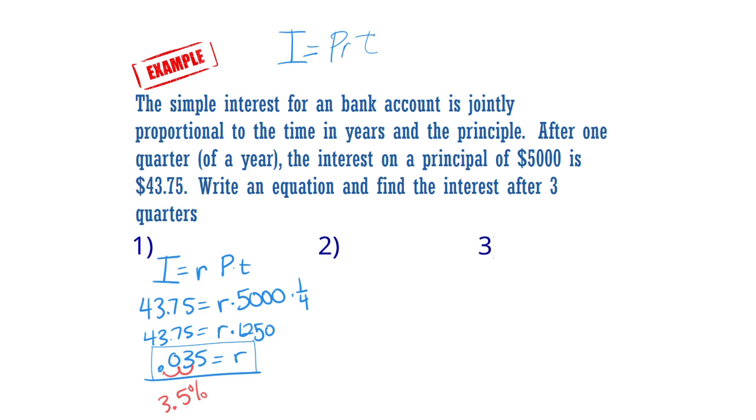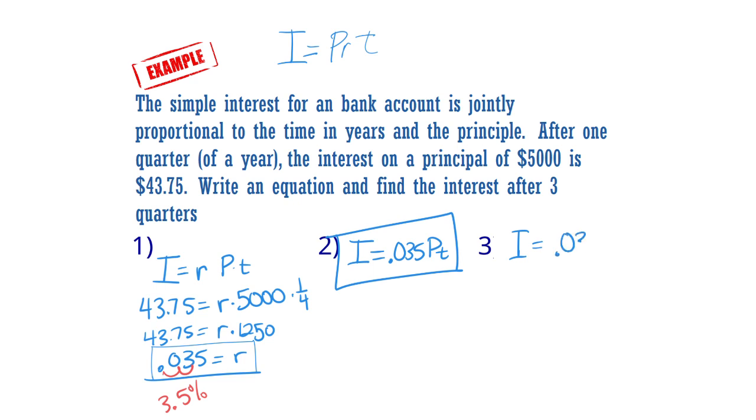Okay, step 2, always write your cleaned up model of what you're actually going to be doing. And then step 3 is going to be to use that model. It says write an equation to find the interest after 3/4. All right, so we're going to assume we still got the $5,000 there.